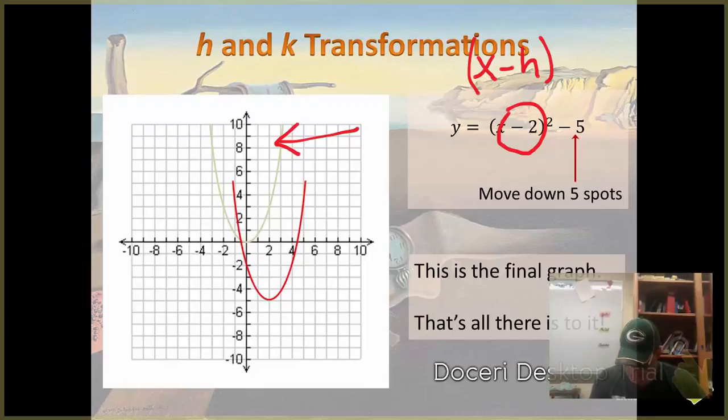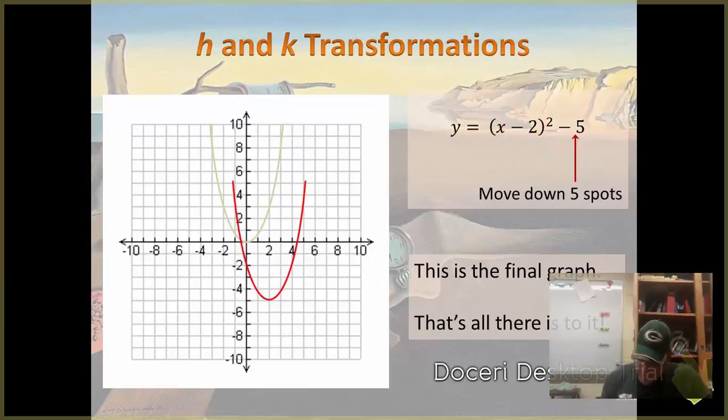And another thing to consider: if this is the basic function, then what this is saying is your y value is going to be whatever the basic function is minus 5. And the y value is up and down. So instead of being here, it's down 5 spots. That's another way of looking at it.